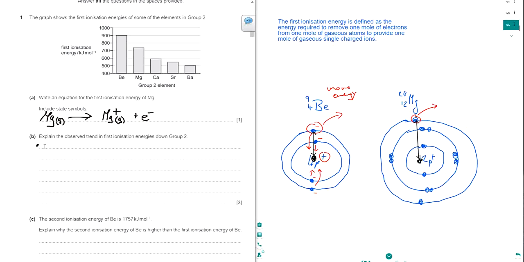The distance of the nucleus and outer shell electrons not decreases, increases.